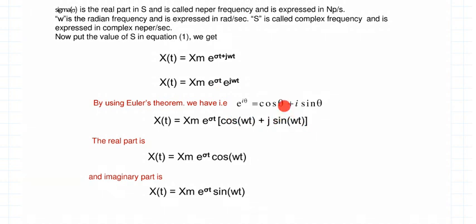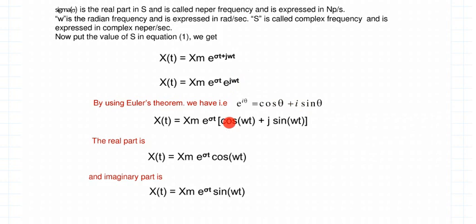So I have applied Euler's identity to our equation, e raised to j omega t, and comparing with e raised to j theta, theta is nothing but omega t. So I'll replace theta by omega t. So what do I get?